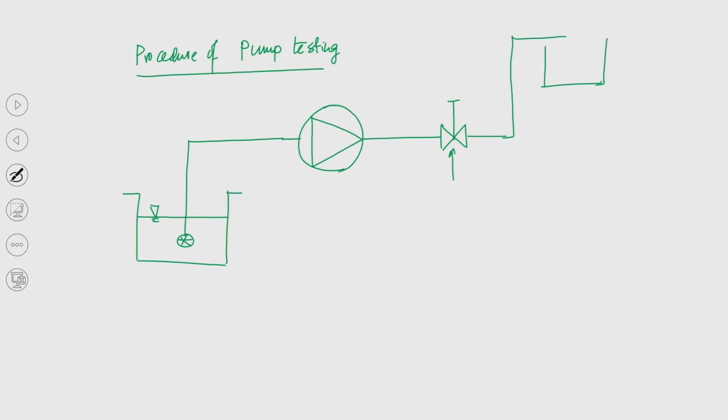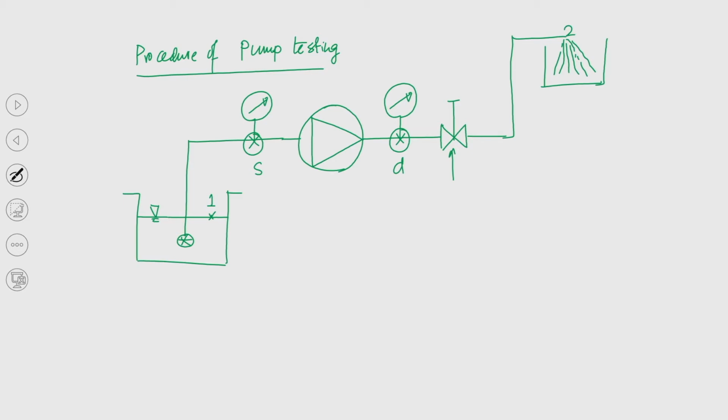So, this is the reservoir. Okay. So, we should have one pressure gauge over here, that is at the suction side, and another pressure gauge at the delivery side. So, this point we are giving the name D, this point S, that is suction side, this point is 1 and this is point 2.